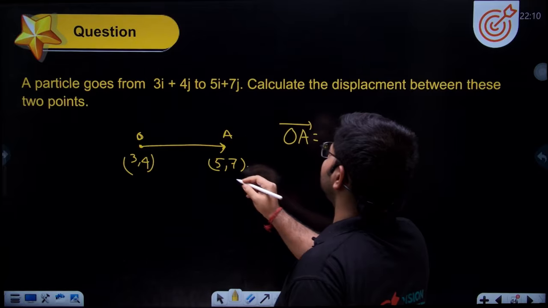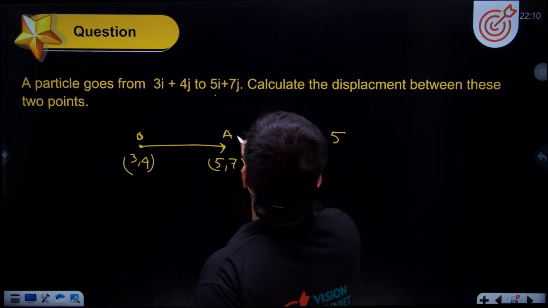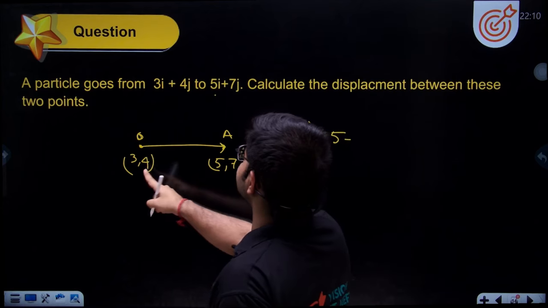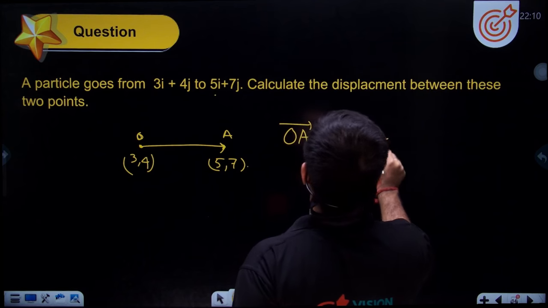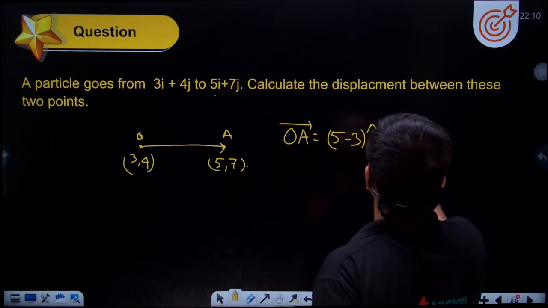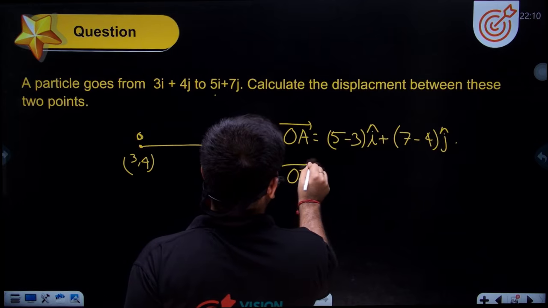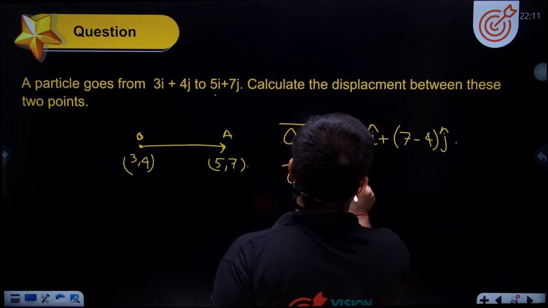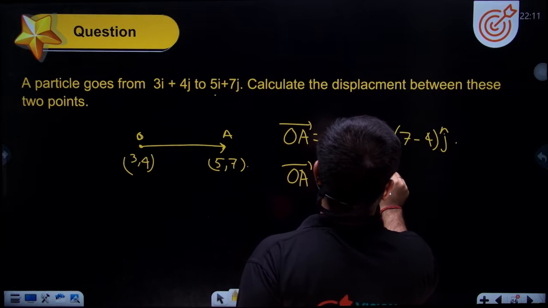So what I can do here is take the coefficients of I cap. It is final minus initial, so 5 minus 3 I cap plus 7 minus 4 j cap. So your displacement vector, or OA vector, is nothing but 2 I cap plus 3 j cap.